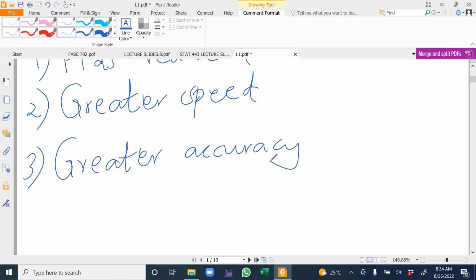Now, all this will eventually improve the outcome of your research, and therefore the expectation is that results obtained using sample surveys are of higher accuracy or precision compared to when you conduct a census.